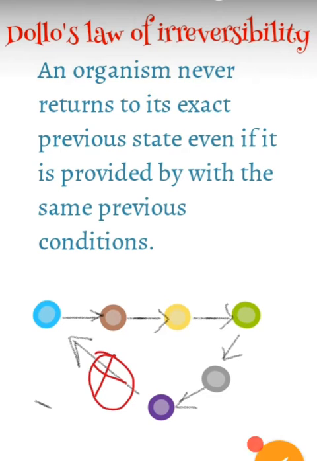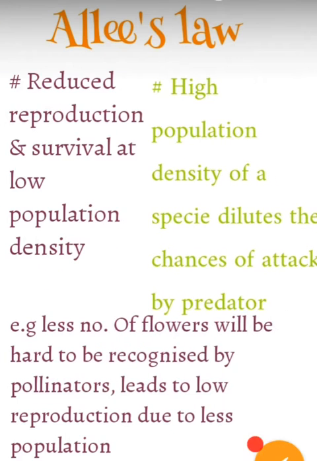It means that if an ancestor has undergone lots of modifications, and after a long time, after acquiring lots of modifications, it has totally changed from its ancestral state, now if you keep that organism in the previous climatic conditions in which its ancestors existed, the organism is not going to revert back to its ancestral state. That is Dollo's law of irreversibility.